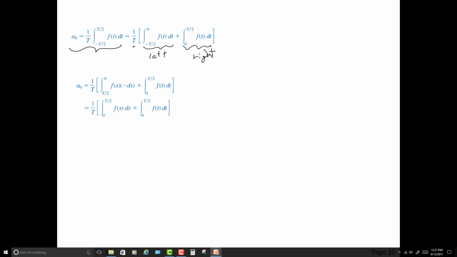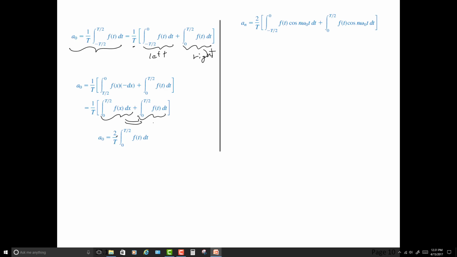And this then amounts to 0 to t of f of x dx, right? Getting both of them going from 0 to t. And 0 to t over 2, sorry, t over 2, not t, of f of t dt. All right. So this is the same thing as this, right? These are equal. So you're just doubling this.